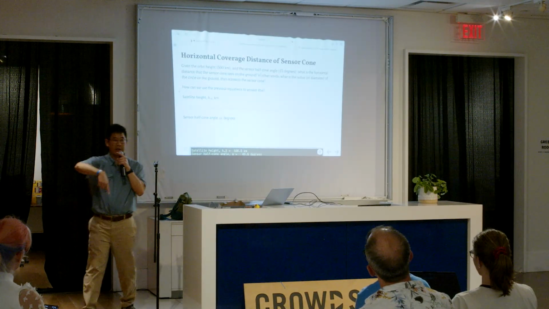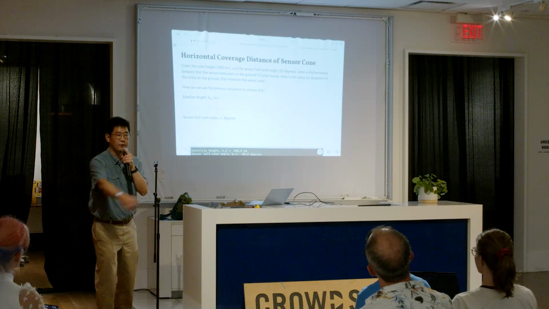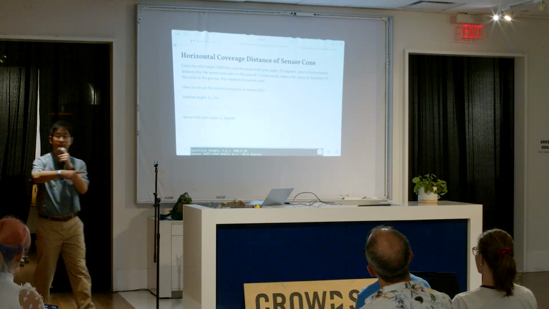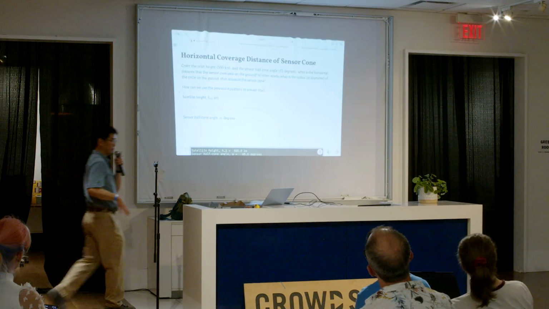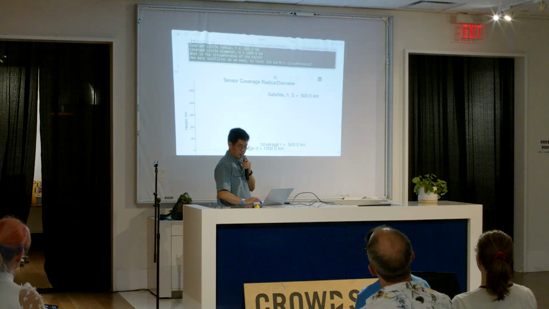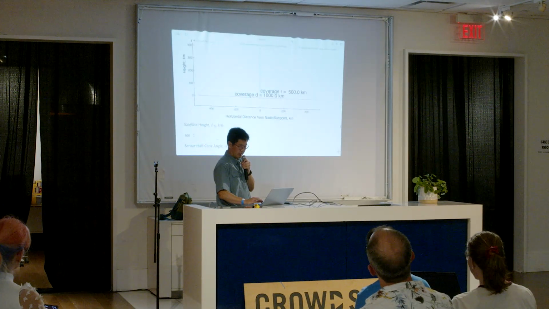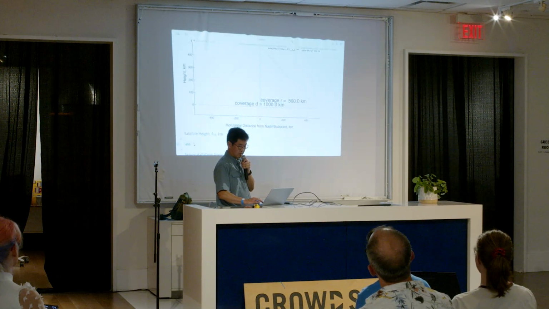So the next part, we're going to calculate the horizontal coverage distance of the sensor cone. So from the nadir direction at 500 kilometers, we have a 45-degree sensor cone. What is the diameter of the circle projected on the ground by that cone? So here's a graphic. Of course, with 45 degrees, it's pretty simple.